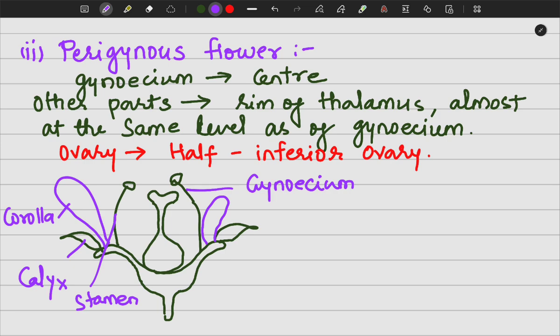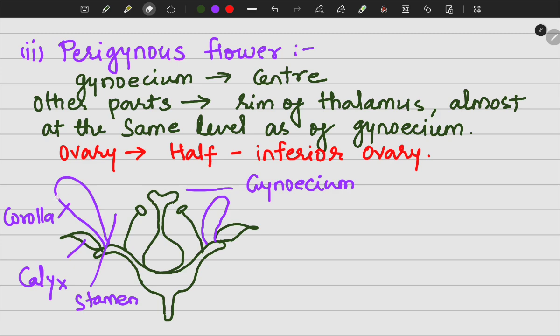There's one more condition in which these parts could be a bit lower than the gynoecium but almost at the same level. So I'm not drawing it. You can understand in this diagram only. If I draw this stamen like this, a bit lower than gynoecium but almost at the same level, right?